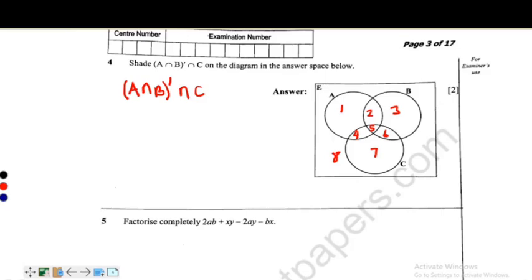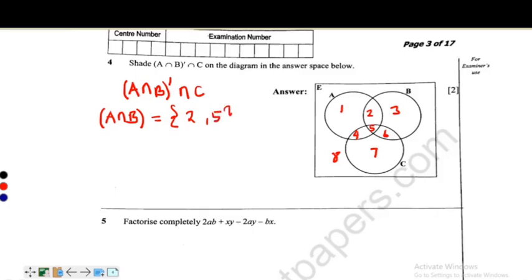The reason why I'm putting these numbers is just to help us identify the exact region that you are going to shade. So first, let us find A intersection B. A intersection B simply means elements that are found in both A and B. So here we have a 2 and a 5. That is the intersection of A and B.